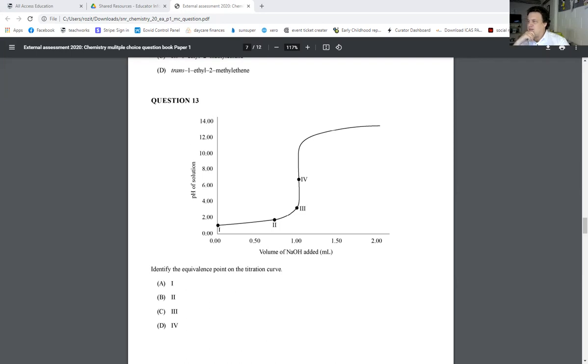What kind of acid would this be with? Strong acid, strong base.